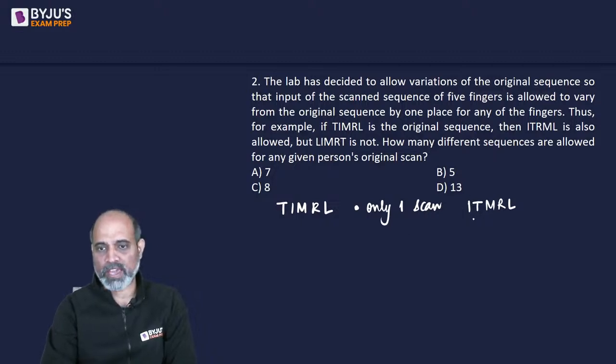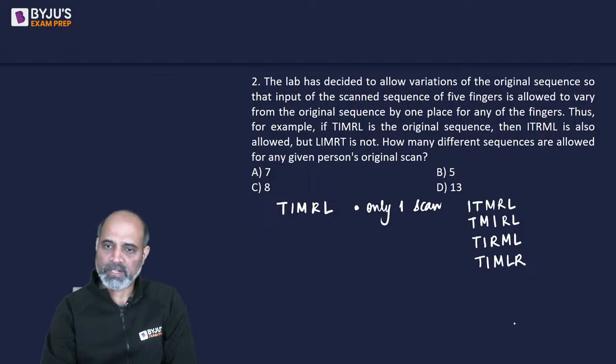Next, if I move M, it will become TMIRL. If I move R, this is going to be TIRML. If I move L, this is going to be TIMLR, right?